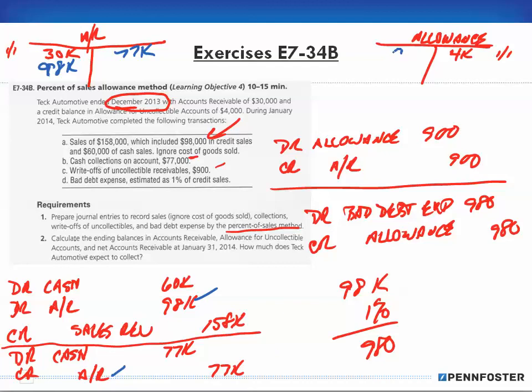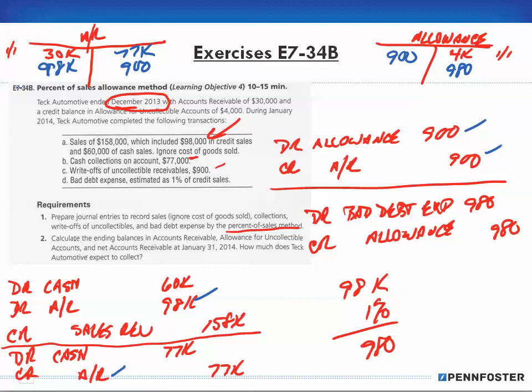I have a debit of $900 to allowance for doubtful account, and a credit of $900 to our accounts receivable. I don't need bad debt, and then I have a credit of 980 for the allowance account.